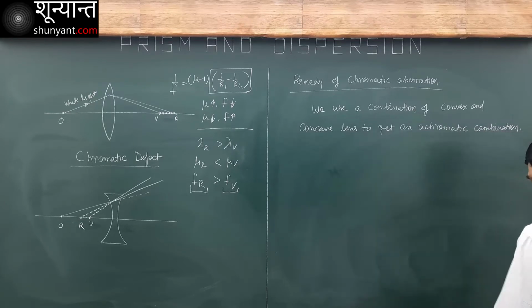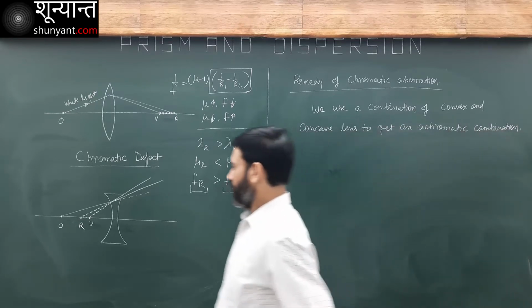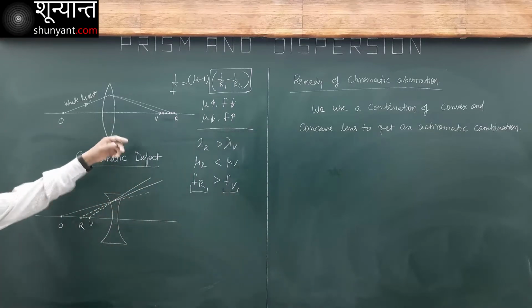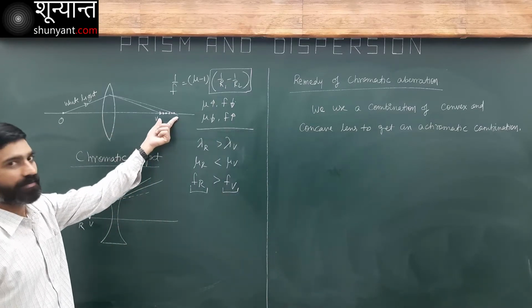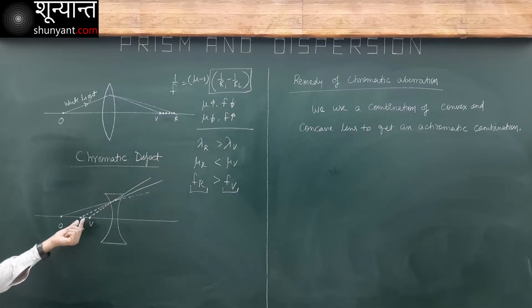How? Because these two have opposing behavior. Look at the sequence. This is violet, red here. The sequence is reversed here. Now I have red and violet.